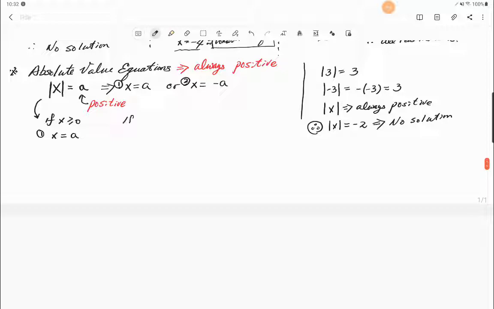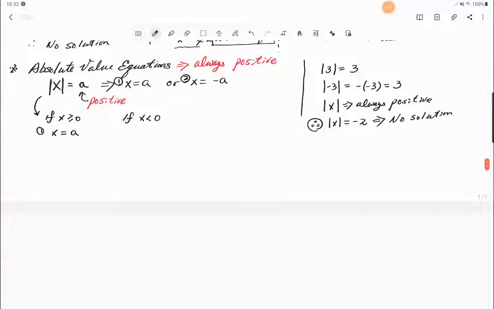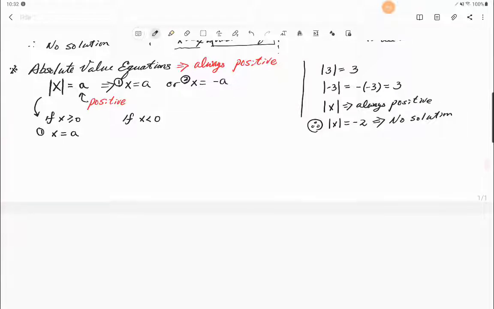And the second case is if x is negative, let's say negative 3, then what did we do? We just multiply the negative number by negative to make it positive, right? So since x is a negative number, what we're going to do is multiply x by a negative number, so that we can remove the absolute value symbol. It looks like a. So multiply each side by negative, then x equals negative a. So can you see it?